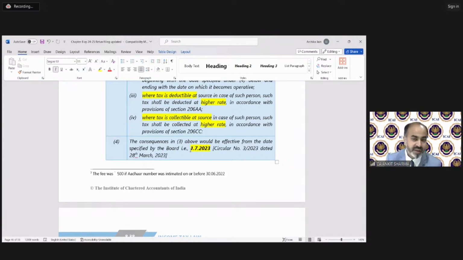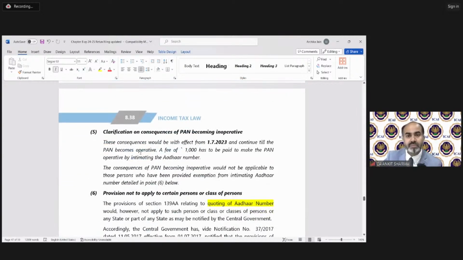So if you did not link your PAN with Aadhaar till 1st July 2023, then your PAN number will be inoperative and you have to pay a fee of 1000 rupees. After that, within 30 days, your PAN number will be operative again. Clarification on the consequence of PAN becoming inoperative: if your PAN becomes inoperative, then you have to pay a fee of 1000 rupees, of course.